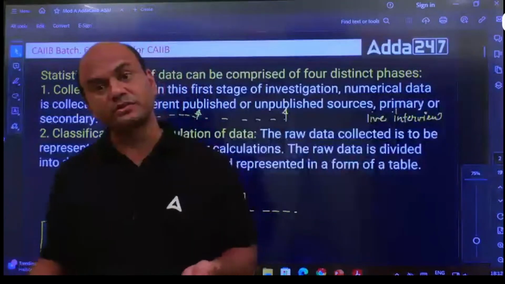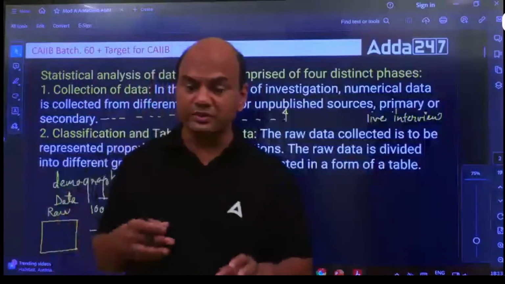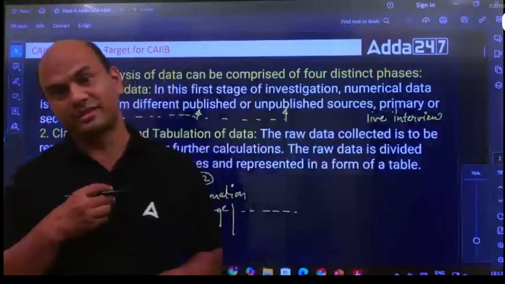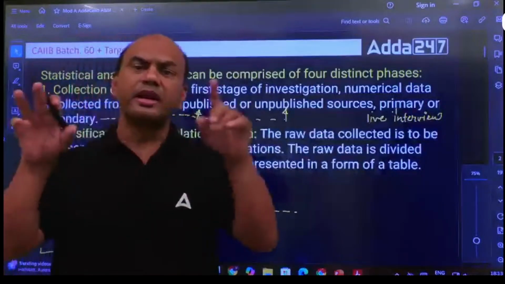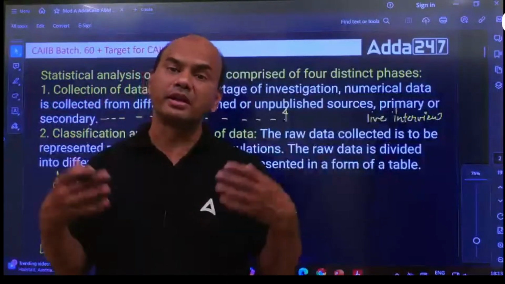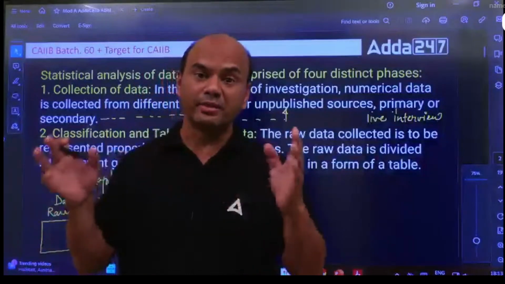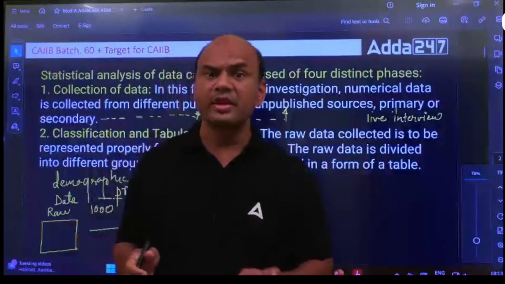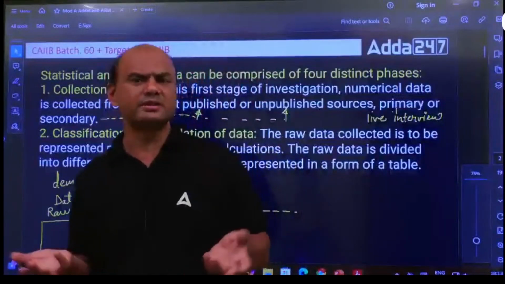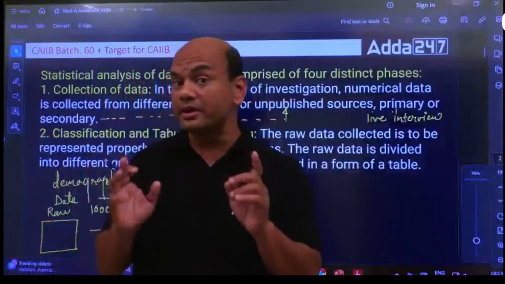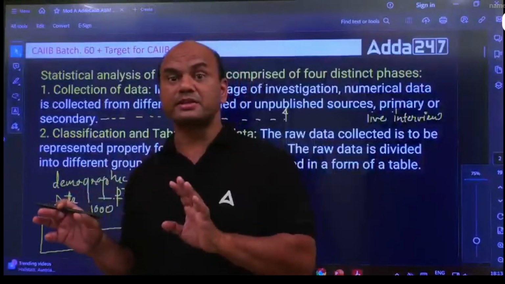What will I do with those 1000 forms? I'll put it in an Excel sheet or in some software, any database. So tabulation of that, classification and tabulation.